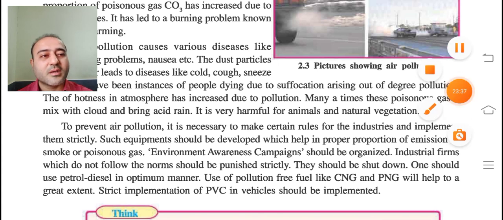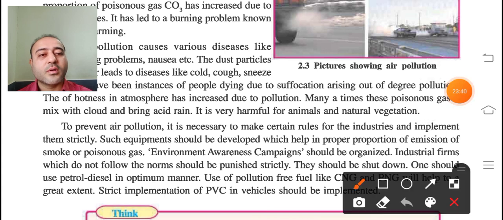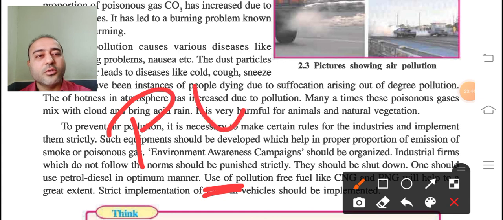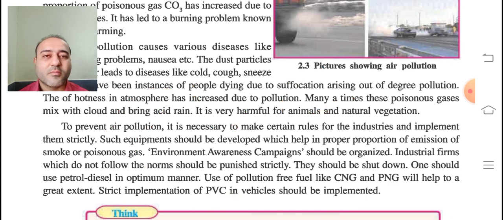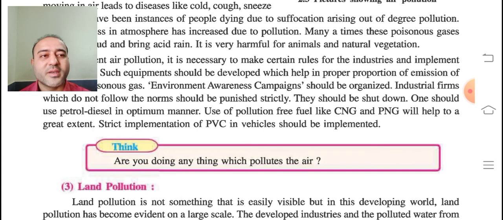Again there is a mistake in the textbook, it is not PVC, it is PUC. PUC means pollution under control. Those people who are driving vehicles should always get this PUC certificate from the concerned place, because it is very important and it needs to be renewed every 6 months. So that care should be taken.